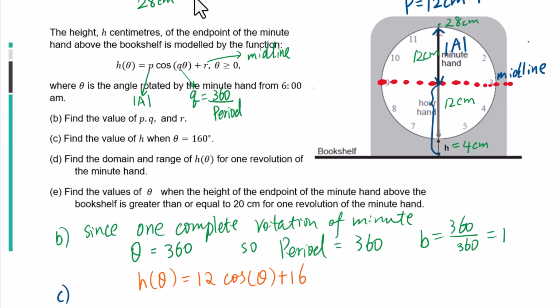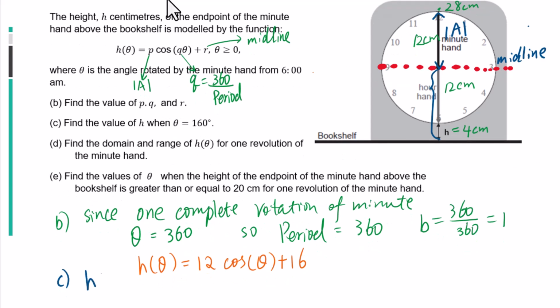Now let's go to C. Find the value of h when theta equals 160. Basically, we are looking for h of 160. Go to the calculator, and let's set up the window. X minimum is 0. X maximum will be the period, which is 360.